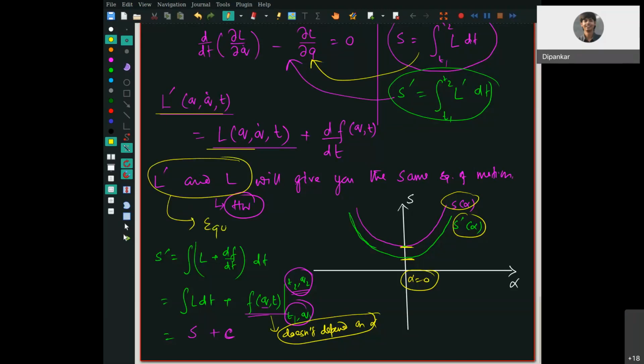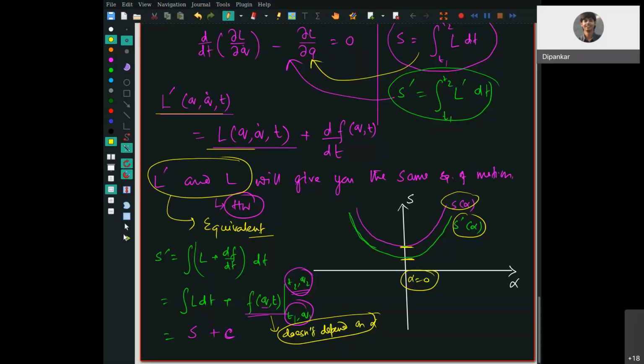So if one Lagrangian differs from the other by the total derivative of a function, and that function only depends on q and t, what is this q and what is this t? I will come to that in the next class. But if it depends on the total derivative of q and t, then those two Lagrangians are equivalent.